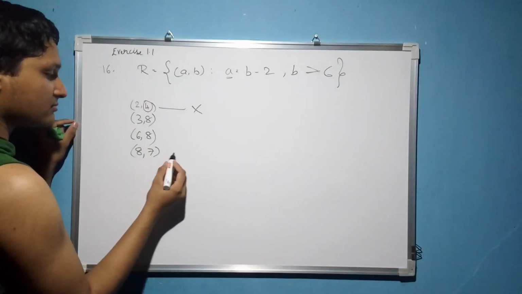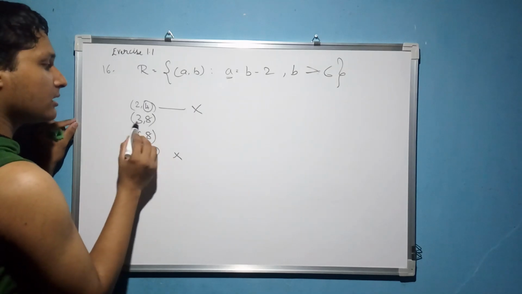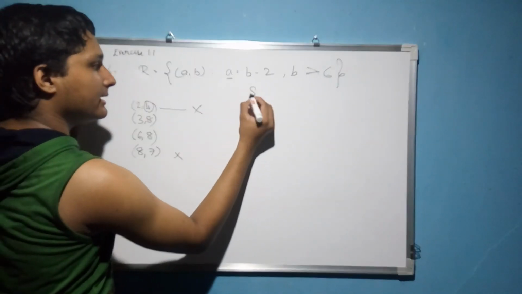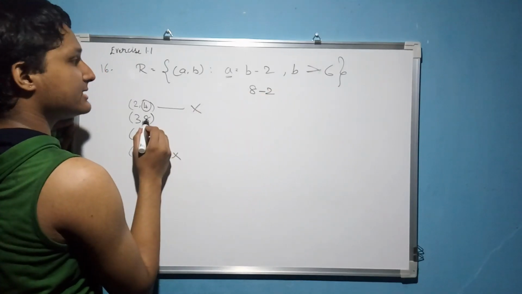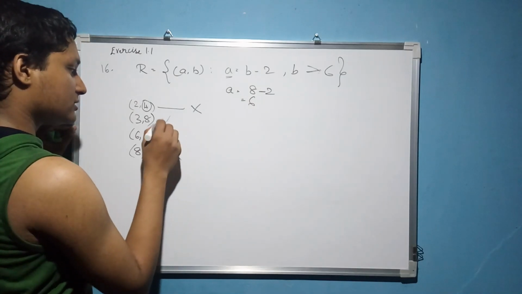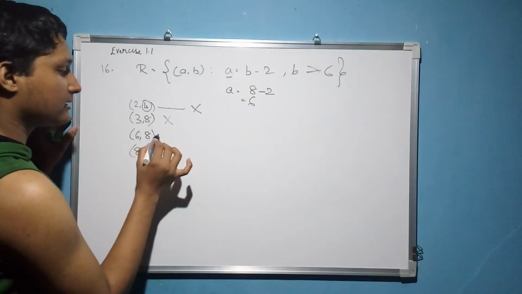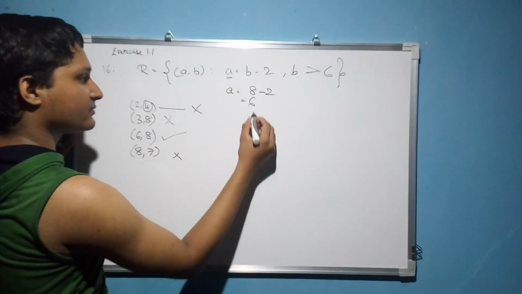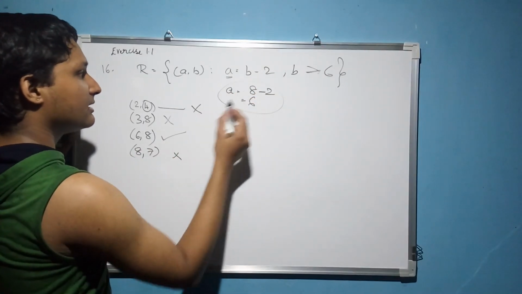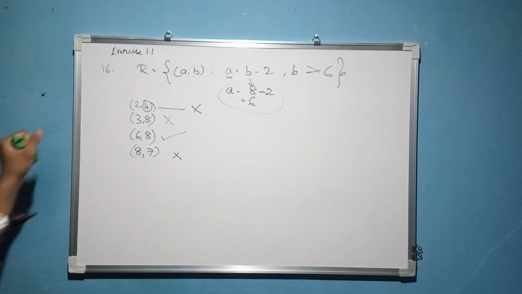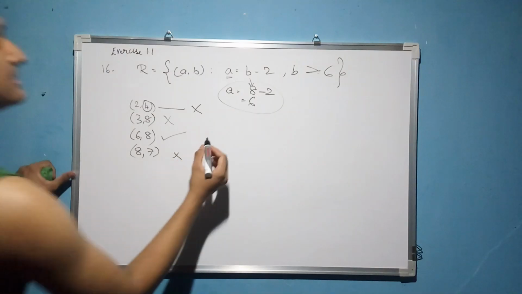Here it is greater, so you cannot consider this case. If B is 8, A should be 8 minus 2, that is 6. So this is also not considered. The correct option is this one, because when B is equal to 8, A becomes 6. So A, B. So the option is going to be C.